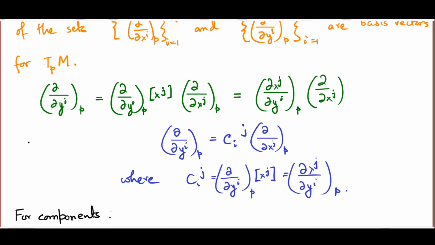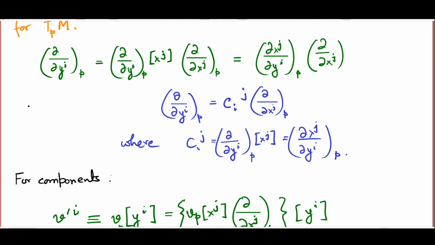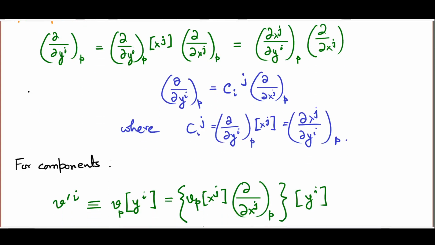As for the components, the ith component in the new coordinate system, that is the coordinate system provided by the chart capital V, chi, is V prime. I have used the prime to denote that these are the so-called new components. This must be simply the vector Vp acting on the ith coordinate function provided by the chart capital V comma chi.